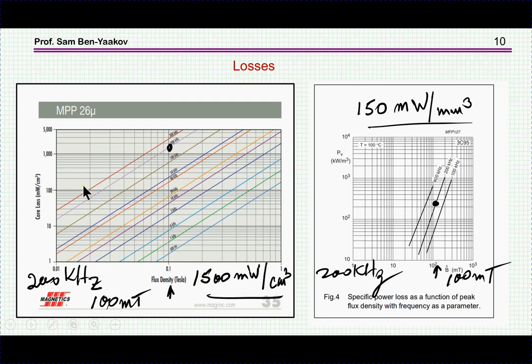In this particular point that I'm showing, which would be practical for a high frequency inductor, for a resonant inductor, we see that the MPP will have 10 times more losses than the ferrite. This material is 3695, and this is an MPP.